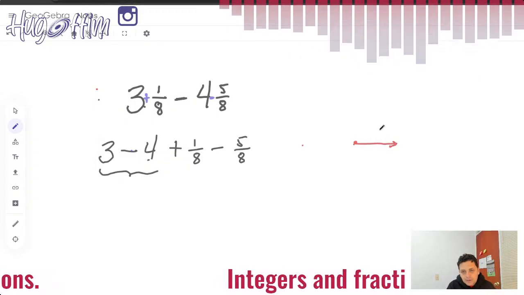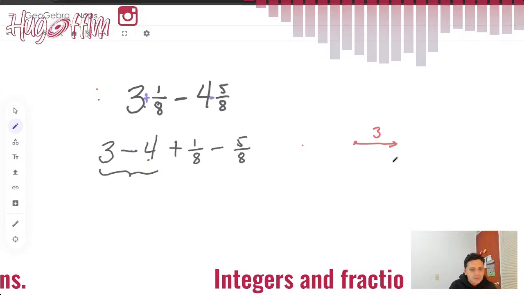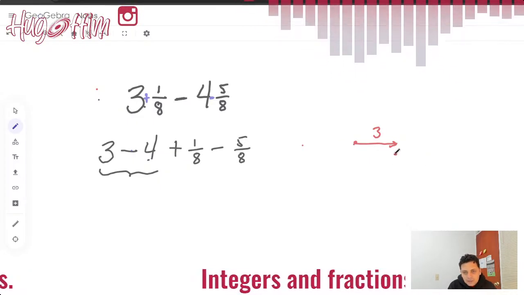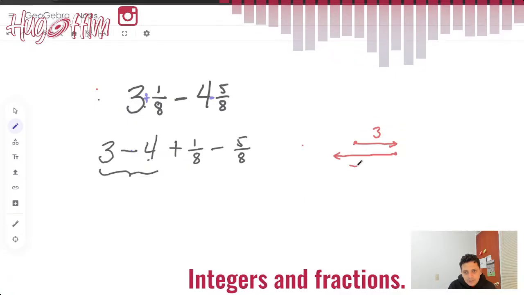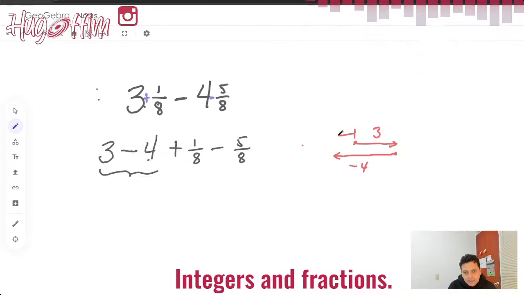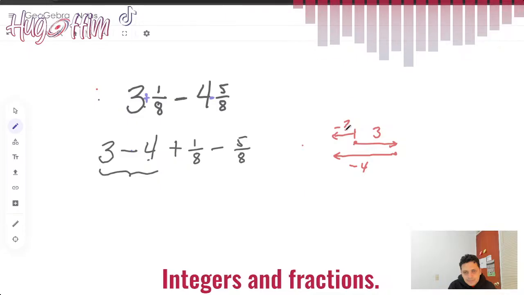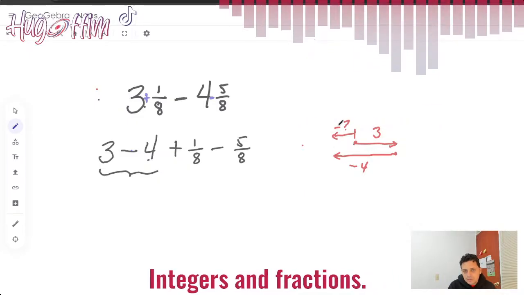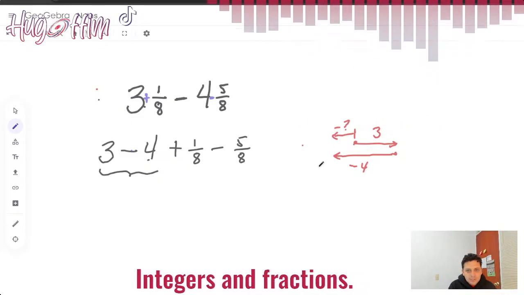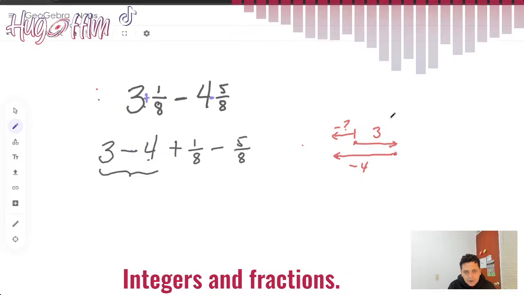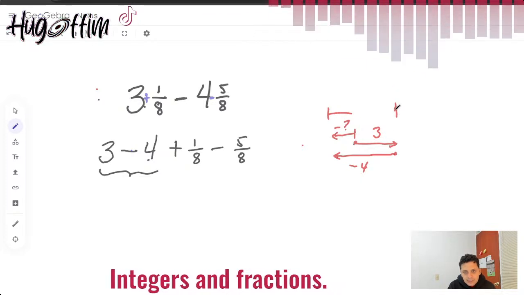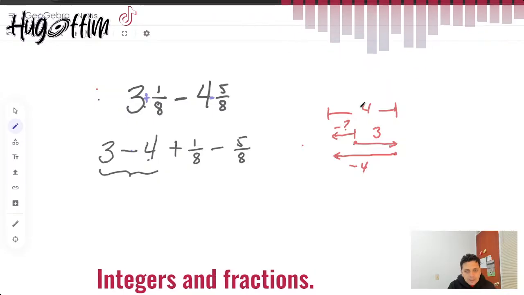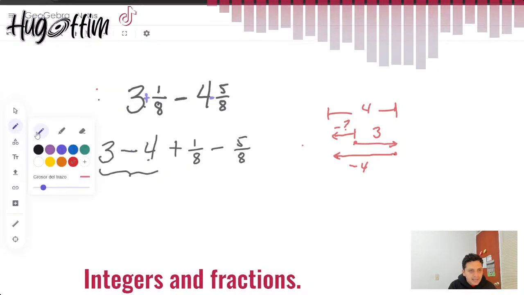I can put my arrow that represents 3, and right next to it, my arrow that represents -4. So I need to find this number, that in this case is going to be -1. You see that the distance from here to here is -4. So the whole distance needs to be 4. 3 plus 1 is 4. So the answer is -1.